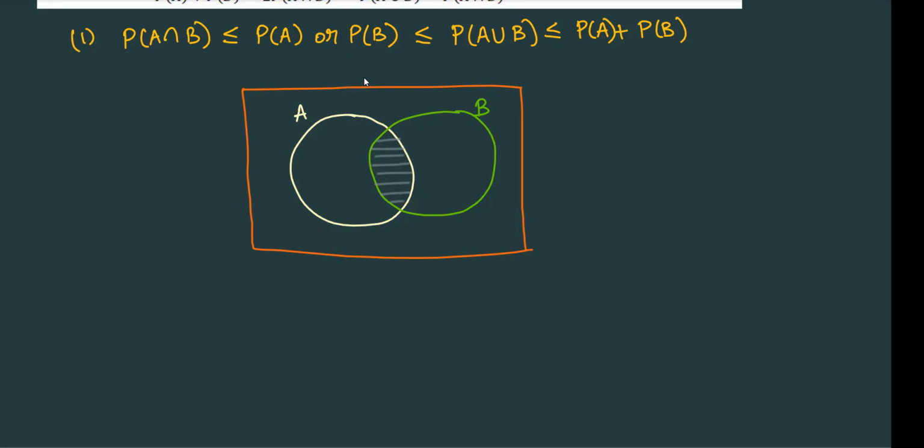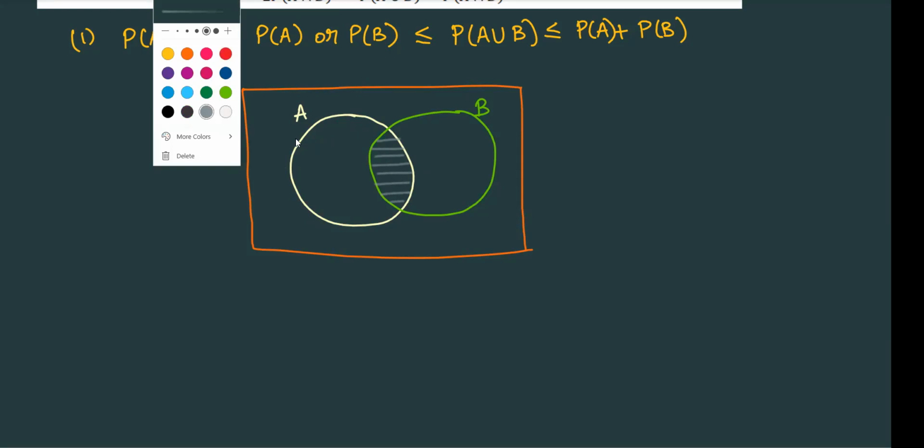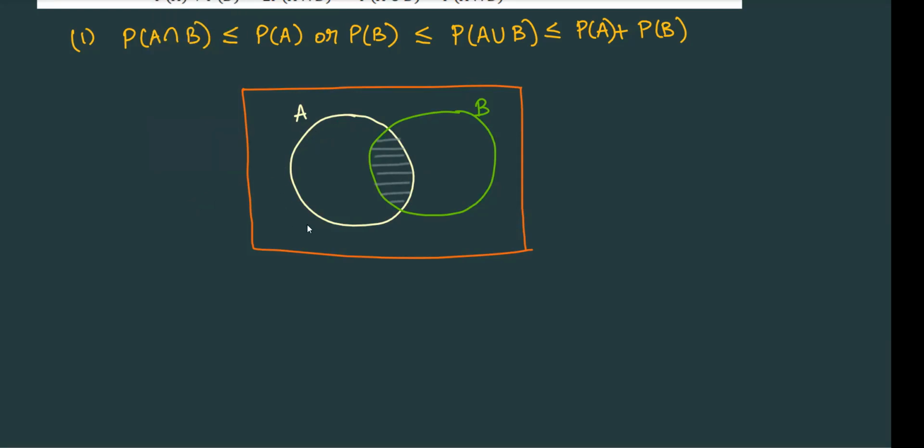Next, now P of A is this region, just this region enclosed within this light yellow line. But P of A union B is this entire region.